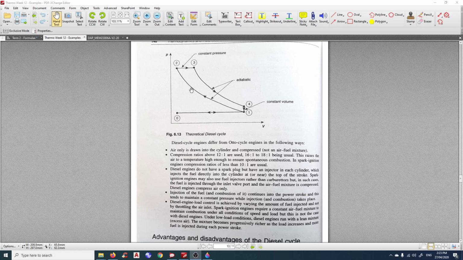The difference from the Otto cycle is the compression ratio is 12 to 1, sometimes as high as 18 or 20 to 1, while the Otto cycle is 10 to 1. I know some sports cars like Subaru are using a high compression ratio. The higher the compression ratio, the more efficiently the fuel is used, because the air can explode very easily at higher compression.